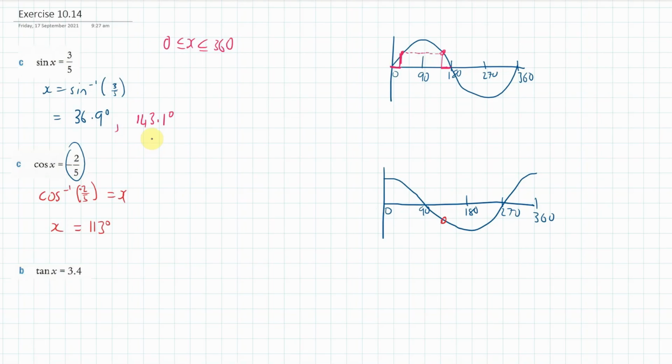And then we know that there should be another one out here somewhere. Now, if this is 113 this way, then this one must be 113 from 360. So we go 360 minus the exact answer we got previously, and we should get 246.4 degrees.